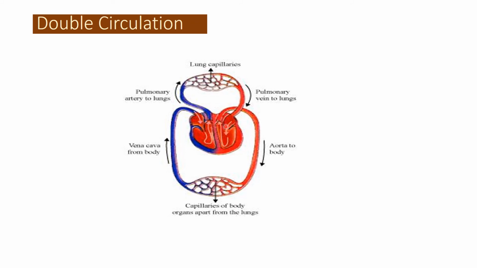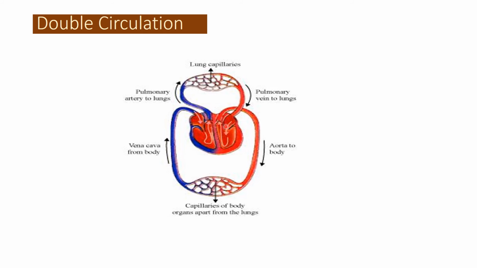But if we see the fishes, they have only a two chambered heart, and the blood is pumped to the gills of the fish and is oxygenated there, and then passes directly to the rest of the body, because they don't need much energy supply, because they do not have to maintain the body temperature.